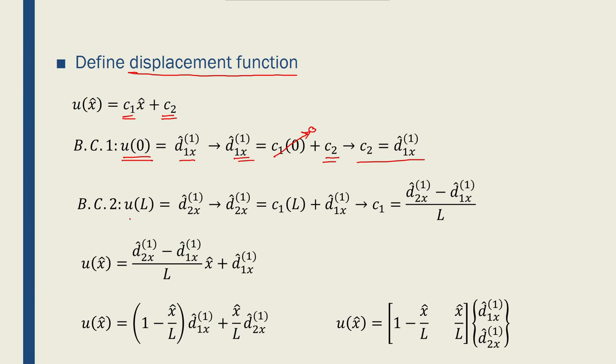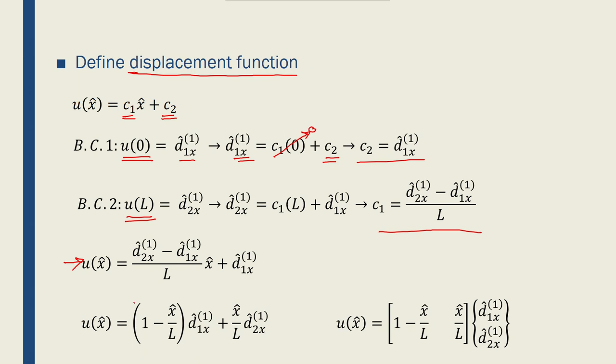The second boundary condition says that at the other end of the truss element, when x is equal to L, the displacement would be d2x1. And now we have C1 times L plus D1x, which we got from there, is equal to D2x1. And then we found out that C1 was D2x1 minus D1x1 divided by L. And using those, we found this equation for the displacement function.